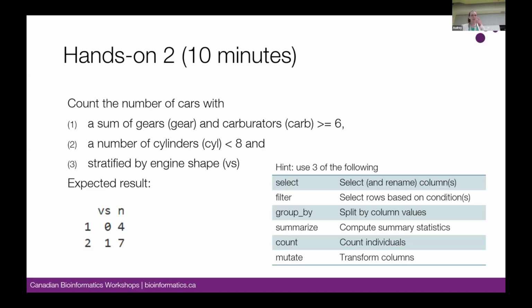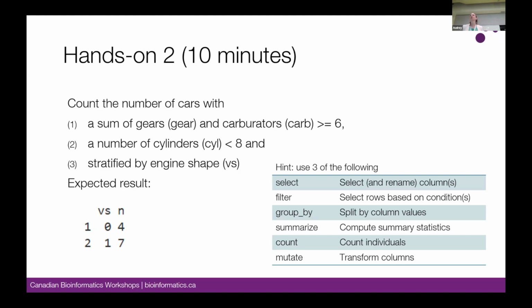Okay, then the second hands-on, a bit longer because it's a bit more complex. Now we're using the pipe operator that I'm going to let you use at your own discretion, but also using the different functions of dplyr that we just saw. As a hint, I put the functions on the right with a mini summary of what they do.